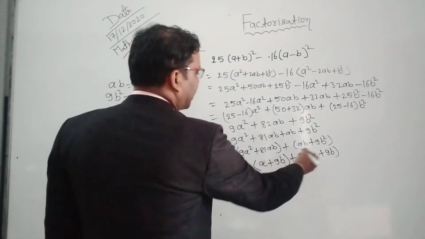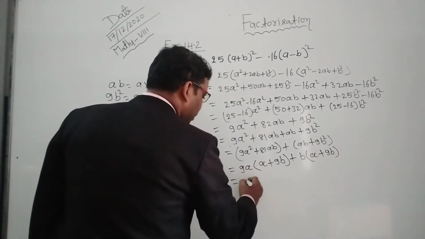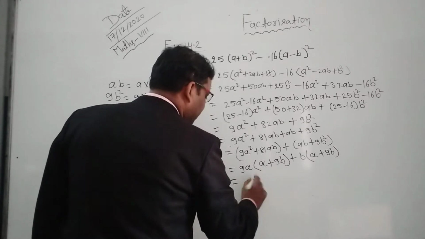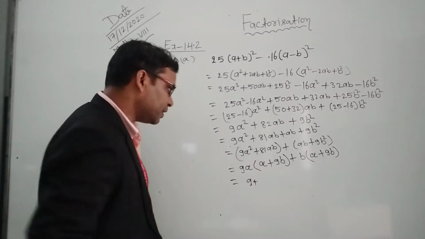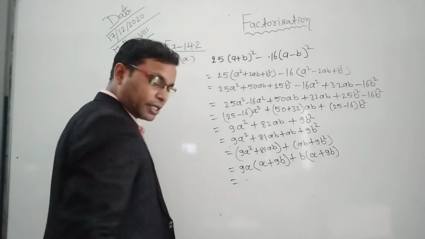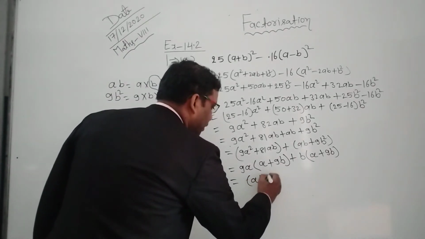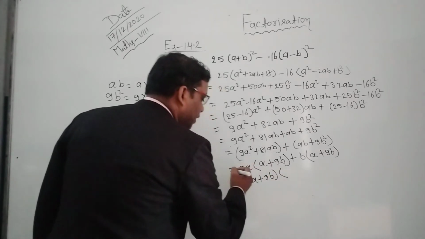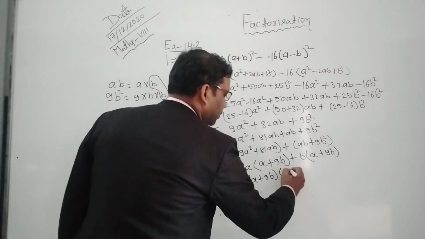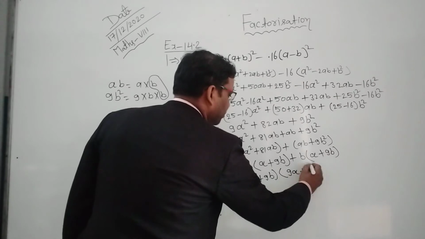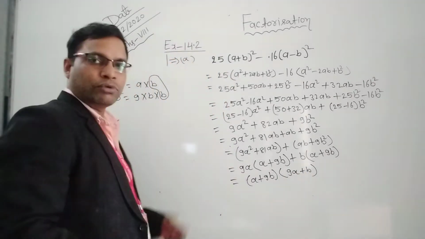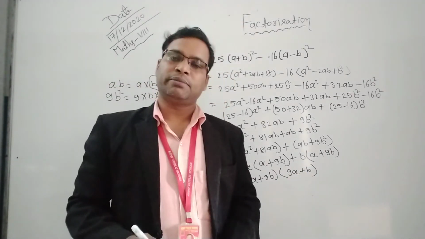If you take A plus 9B common, we get in the second bracket 9A plus B. So you can say in both ways you find the same result.